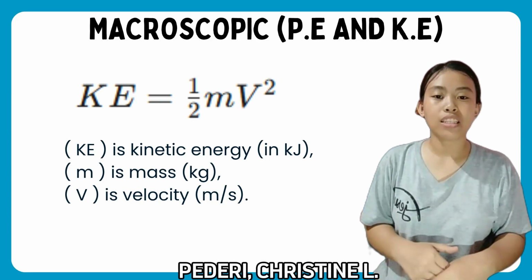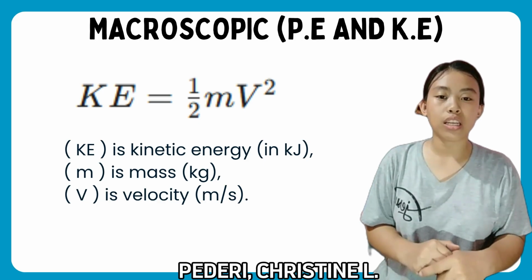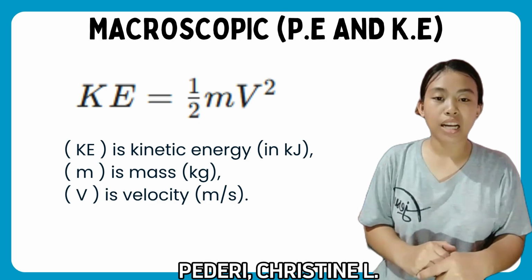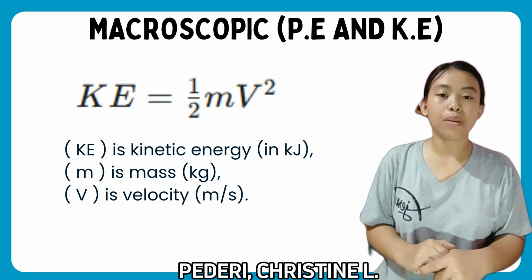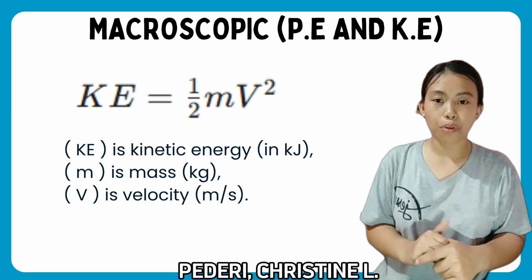M is for mass in kilograms. V is for velocity, which has a unit of meters per second.